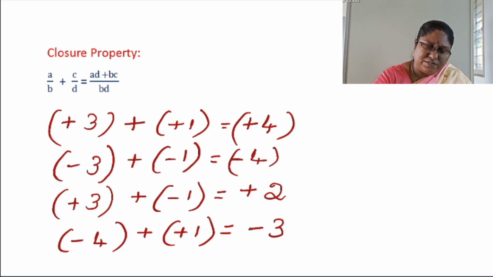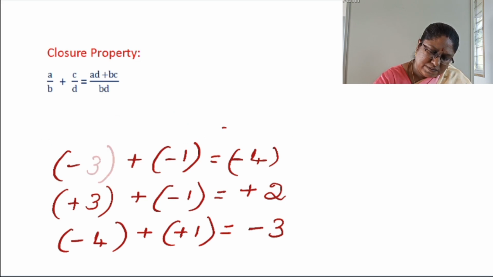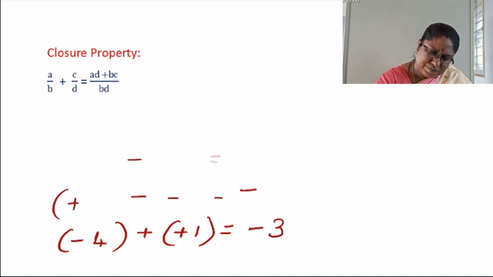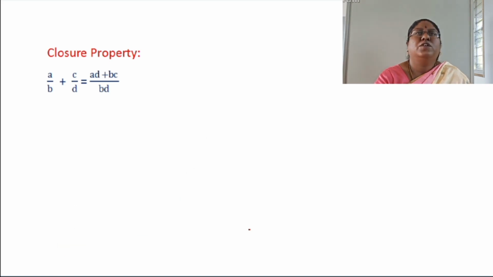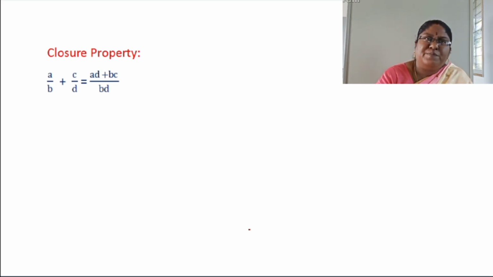Now shall we move into the concepts? Next we are going to see the closure property. In a family, you can consider a by b as your father and c by d as your mother.